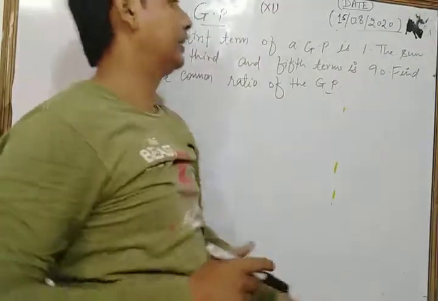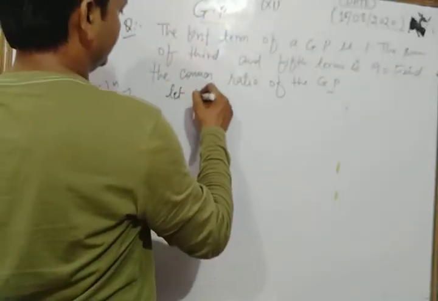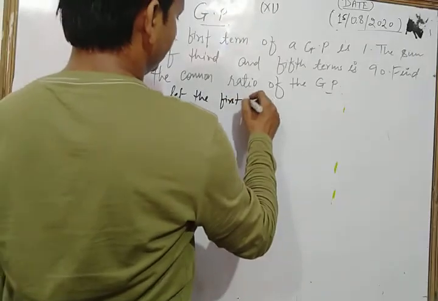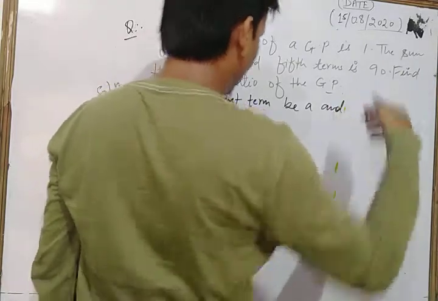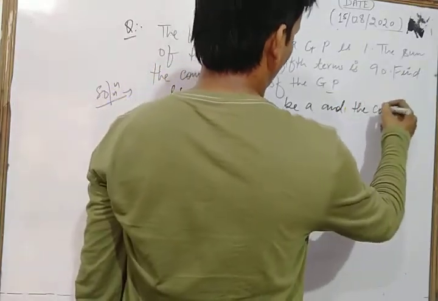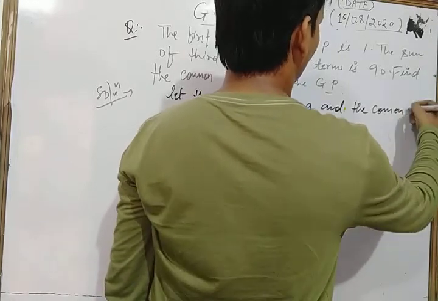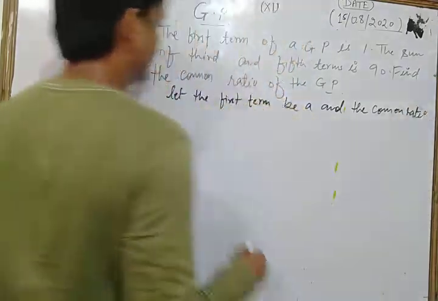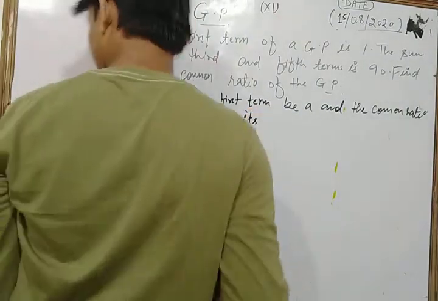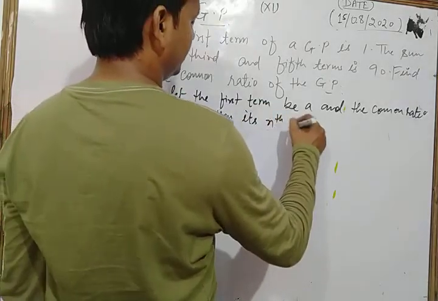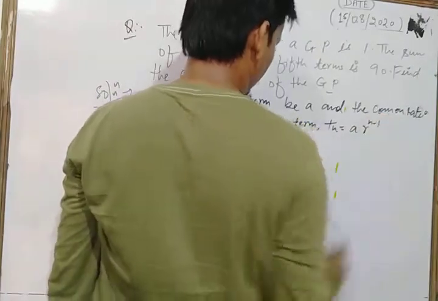Dear student, let the first term be A and the common ratio be R, then its nth term will be Tn is equal to AR to the power n minus 1.